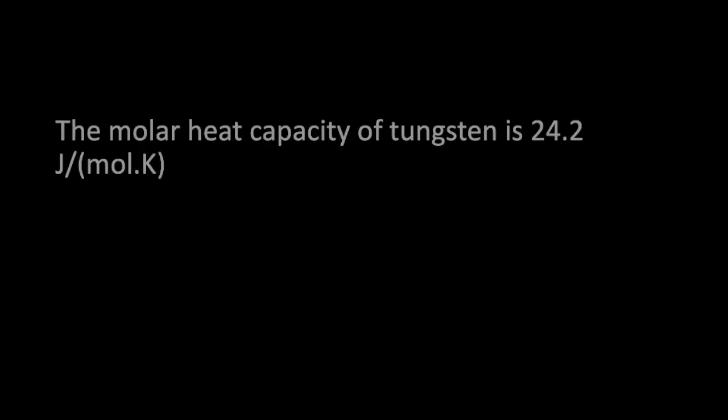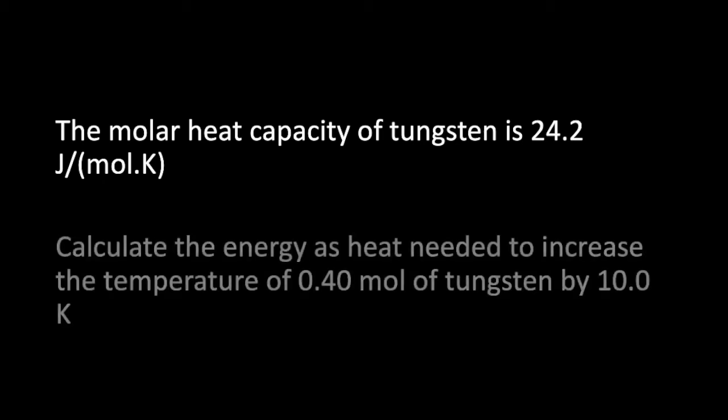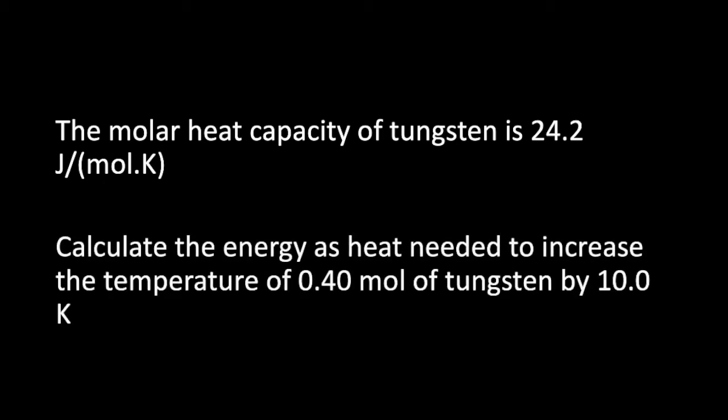So here's an example. The molar heat capacity of tungsten is 24.2 joules per mole Kelvin. Calculate the energy as heat needed to increase the temperature of 0.40 moles of tungsten by 10 K. That's by 10 degrees in Kelvin. So let's write down what we've been given. We have the molar heat capacity of tungsten.